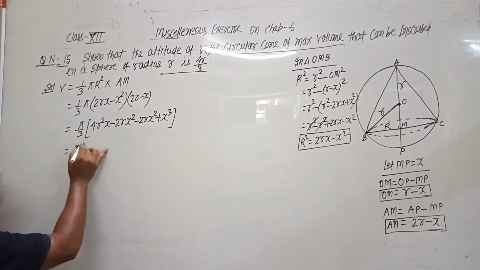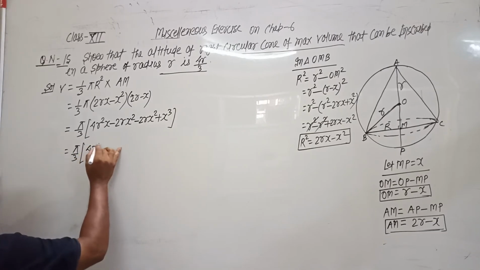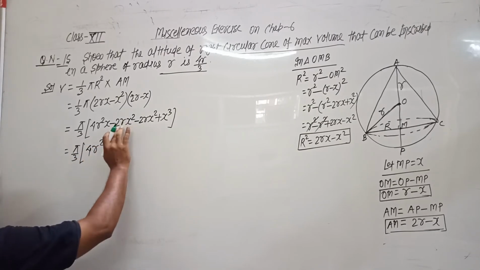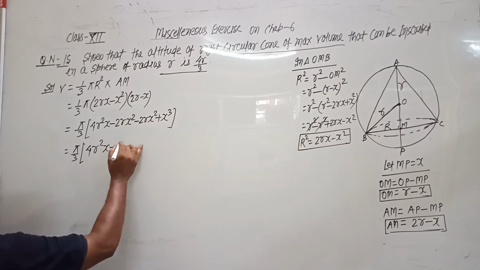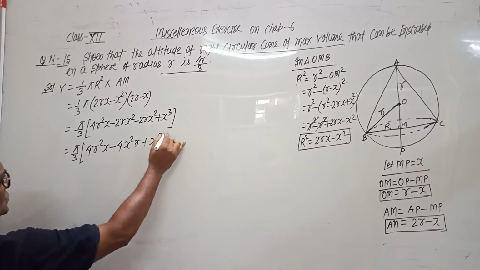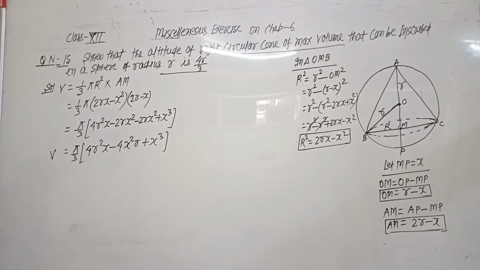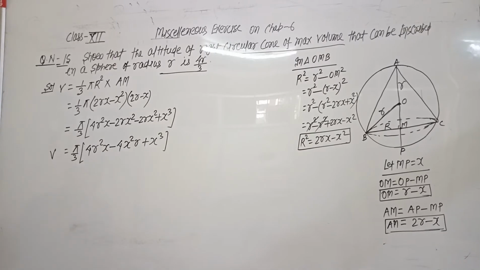So it gives pi by 3 times 4r square x minus 4x square r plus x cube. This is the expression for the volume of the cone.